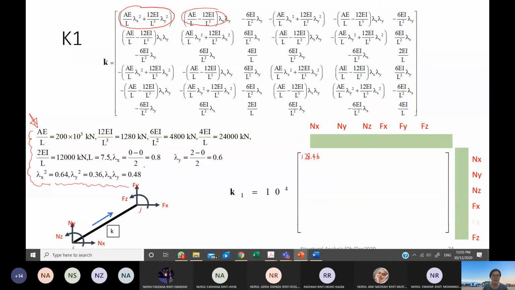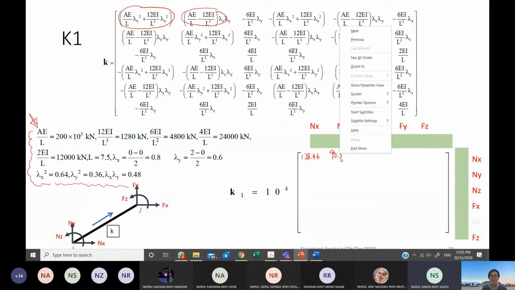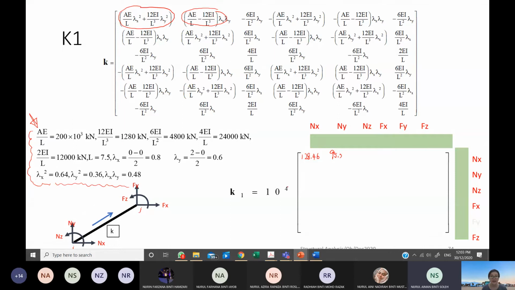So we are just going to put this information according to this template. So next, anyone? 95385.6. Can you take out the power 3? So it will be 95.39, right? Yes.